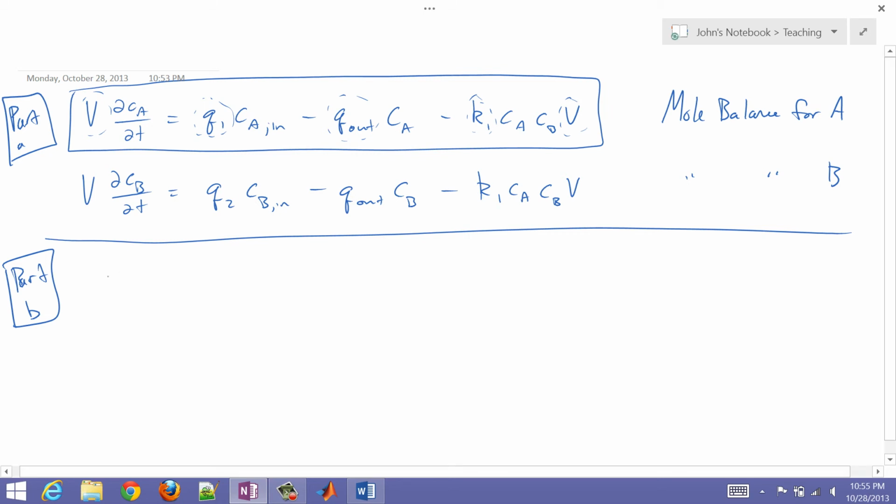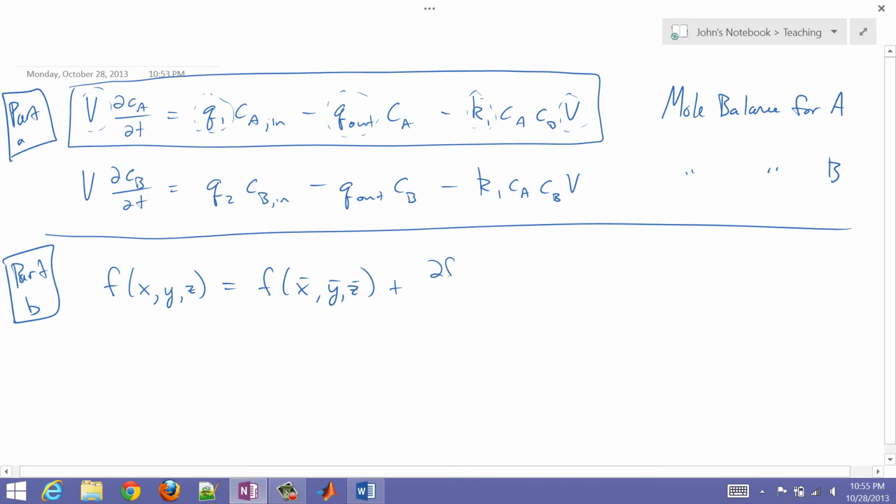When linearizing a function of multiple variables, you plug in the nominal conditions and add df/dx, plugging in the nominal conditions, x bar, y bar, z bar, times x minus x bar, plus the same for all of your other variables.